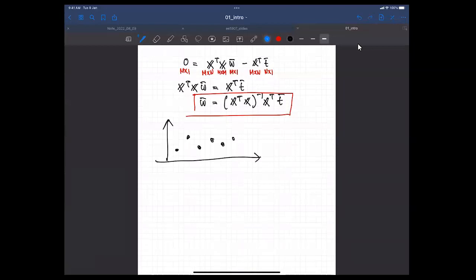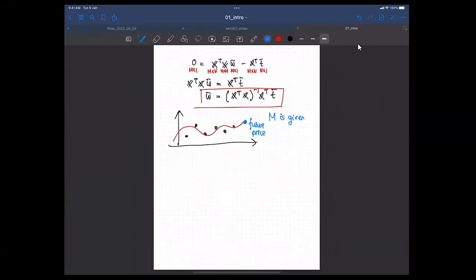Given M, the model complexity of your polynomial function, you can have this kind of function. Then, by having this line, you can predict the future, or you can predict the past as well. That's the benefit of having this W. Okay. Now, any questions so far? So again, this is the training stage.